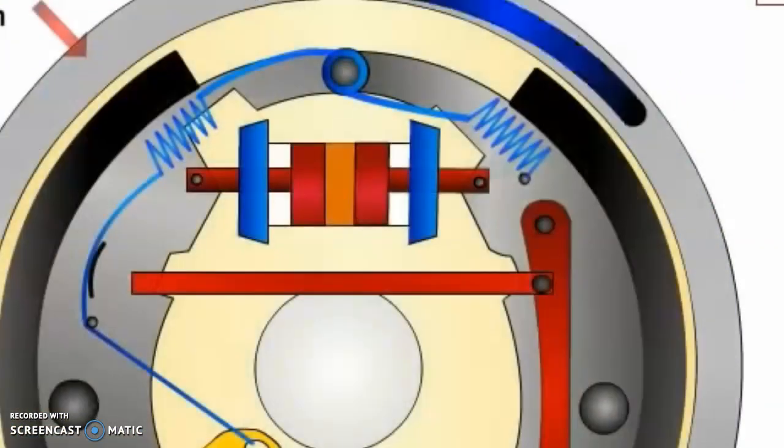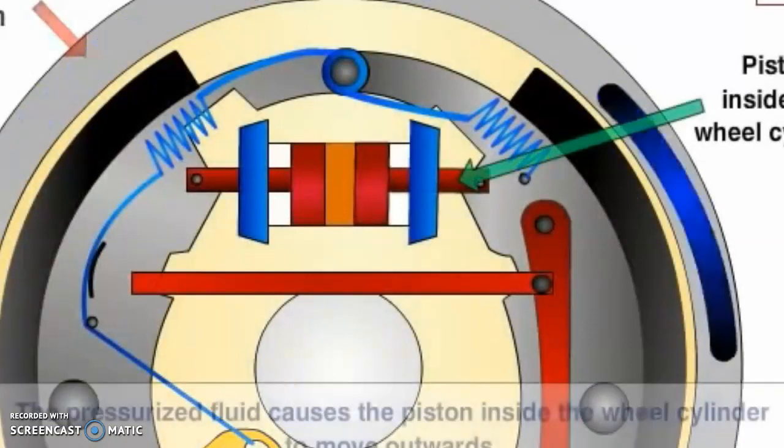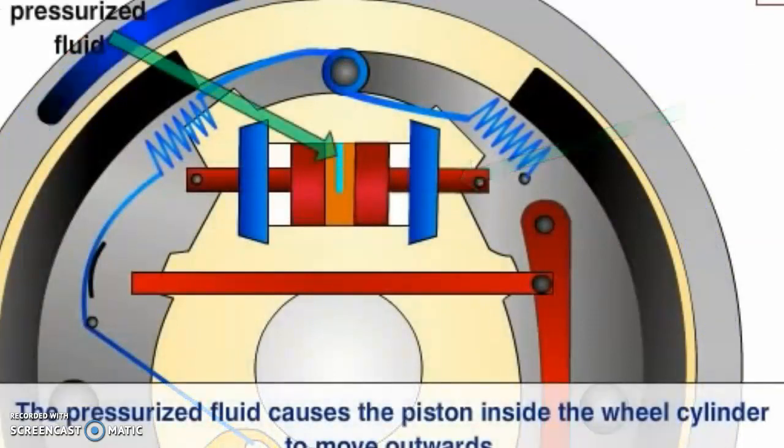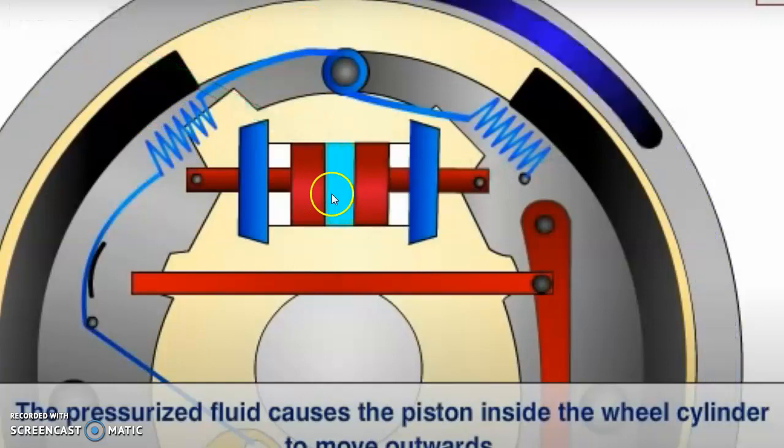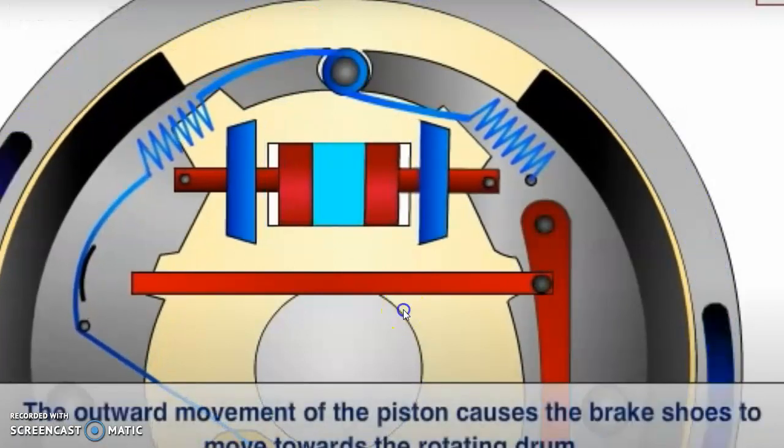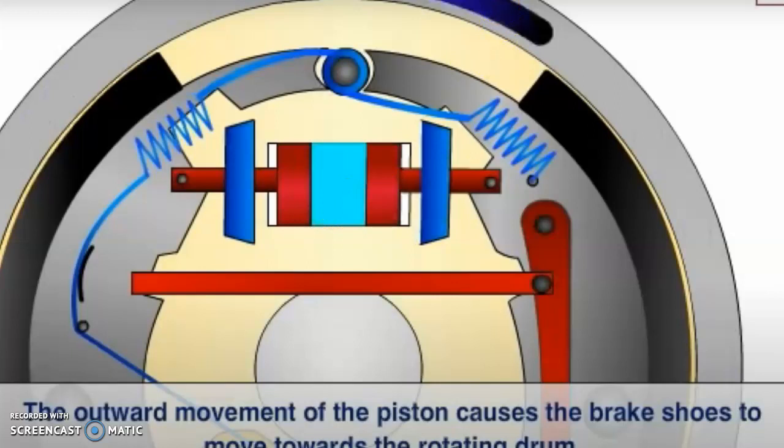Now let's go to the rear side. Here in the rear side, the fluid enters into the pistons. You can see when the brake fluid enters in this position, the pistons move opposite to each other against the force of the spring.